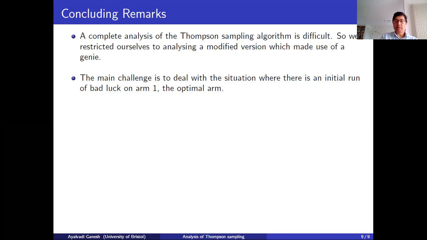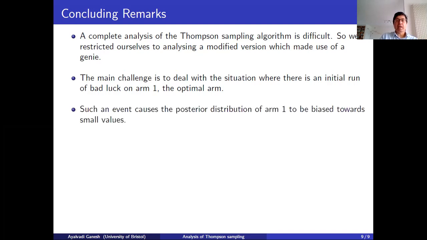So you think it's bad, and so you don't play that arm. So it takes you a long time to correct this misperception, and that's the difficulty in not knowing the parameter for arm one. We sidestep this by having a genie tell us the true value of the best arm. And if we do that, then we don't have to worry about the situation. And so it becomes much easier to analyze.